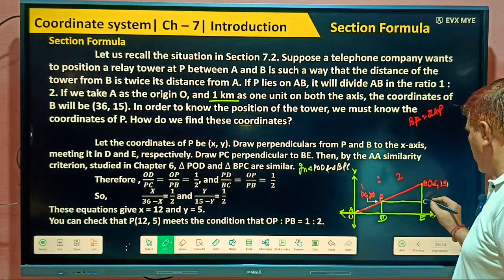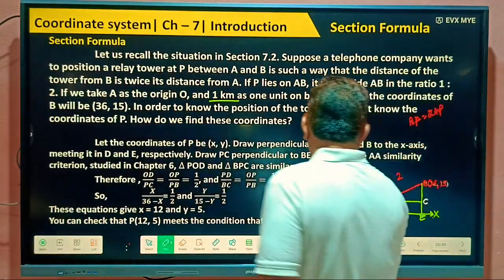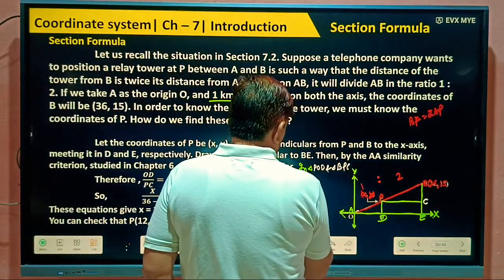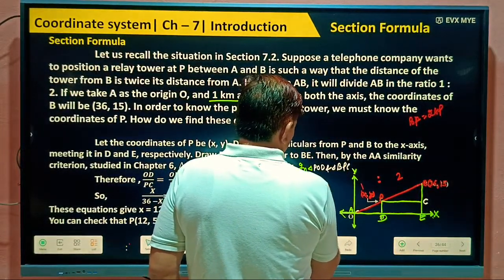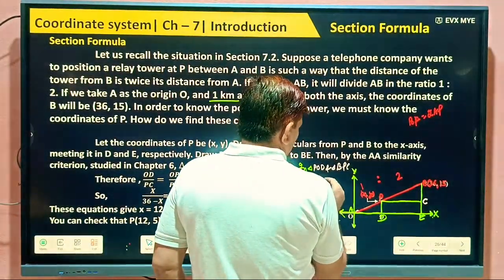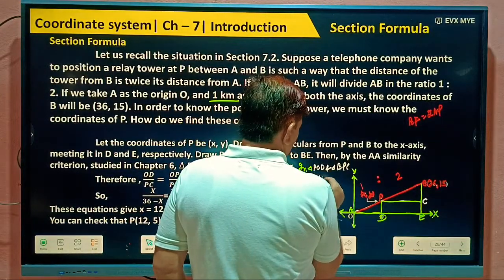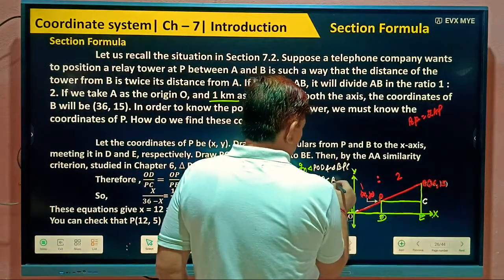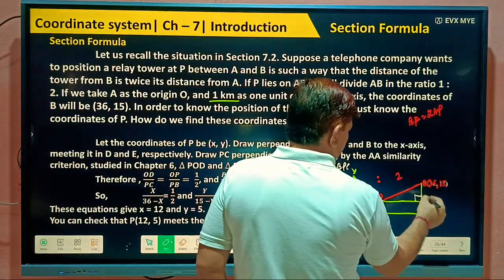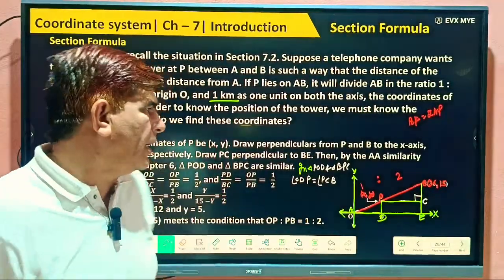C is this point. So angle ODP is equal to angle BCP, meaning angle PCB, each is 90 degrees.